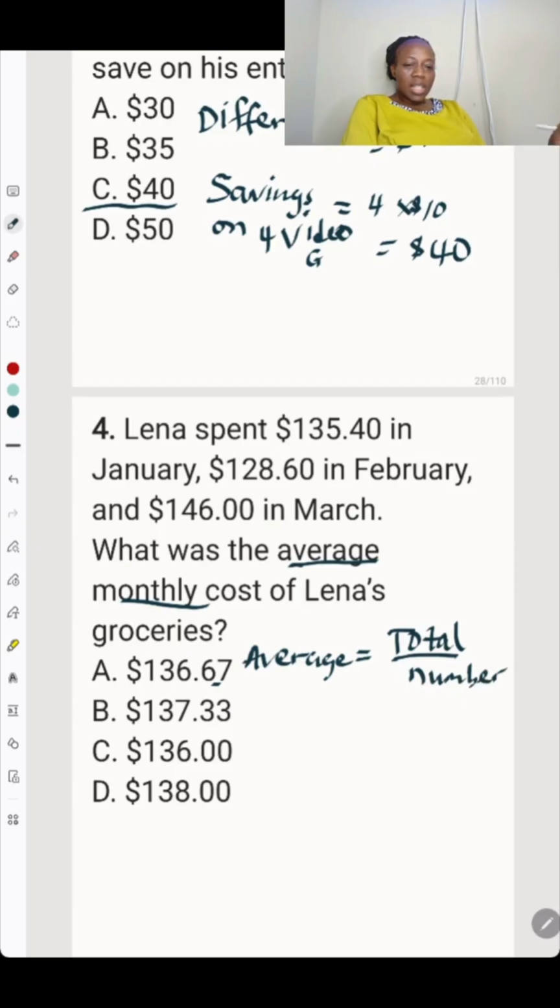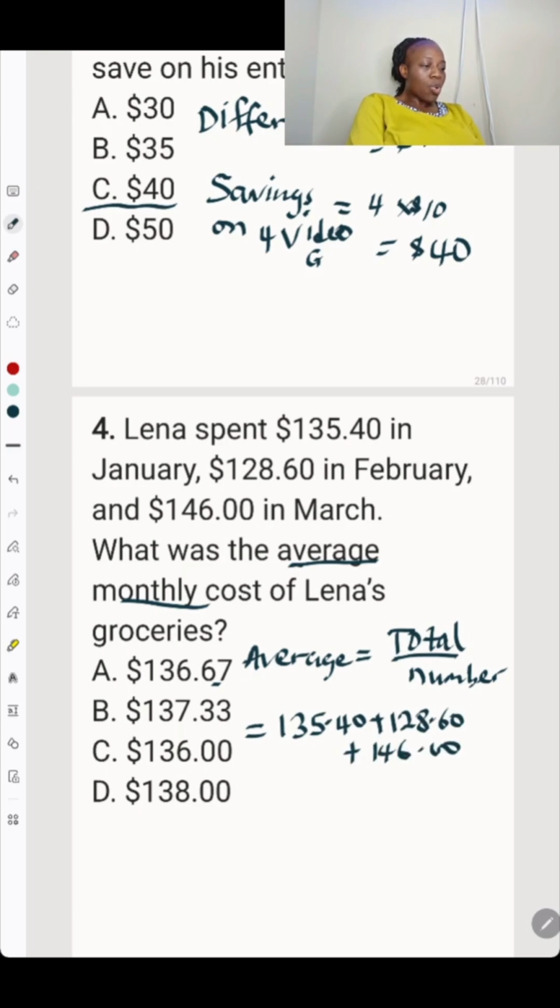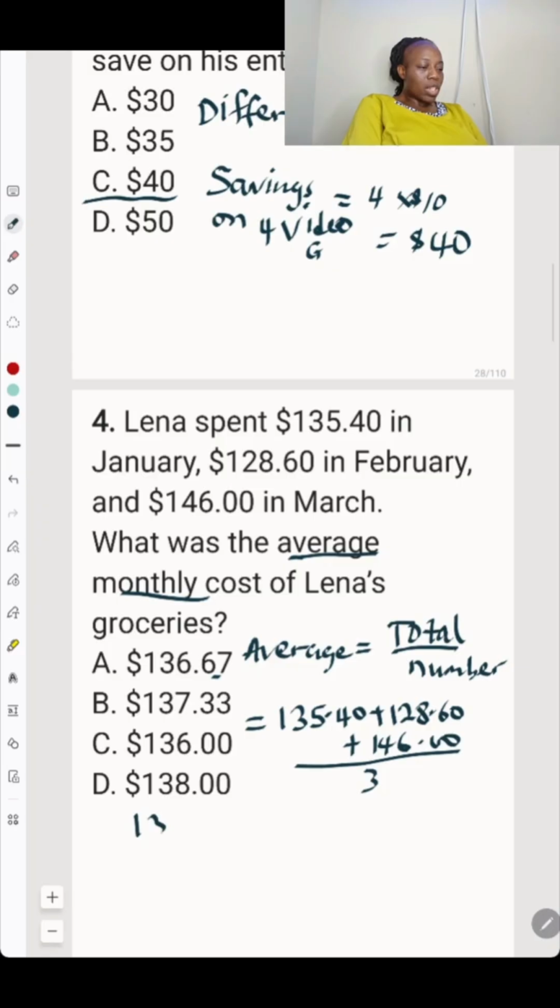Number of months, 3. 135.4 plus 128.6 plus 146.00. Then we now divide by 3. So let's take them one by one and add 135.4, 128.6.